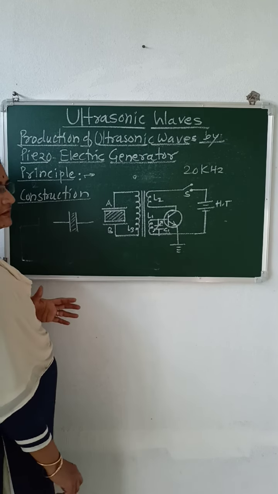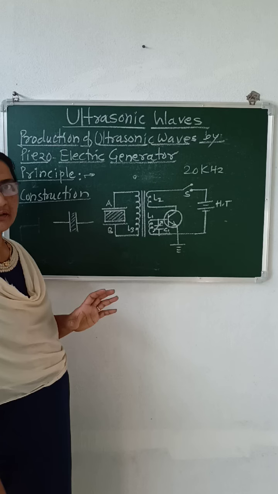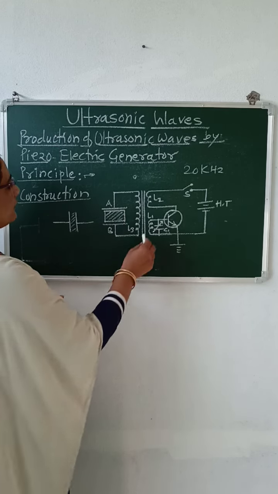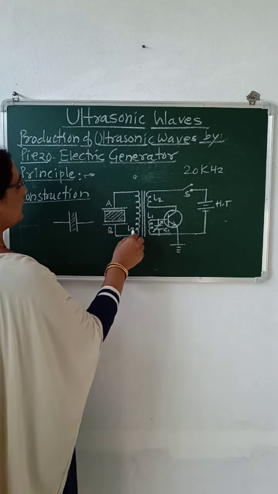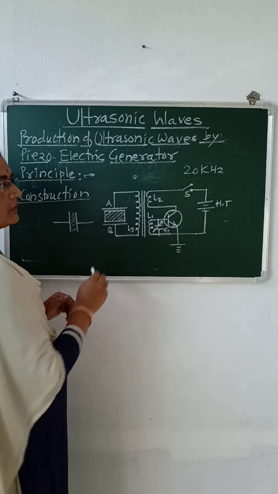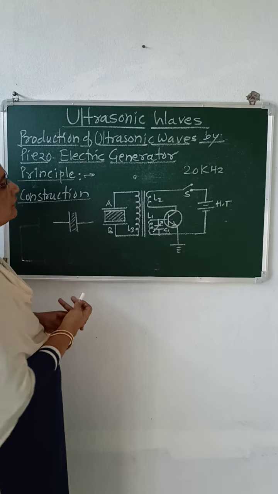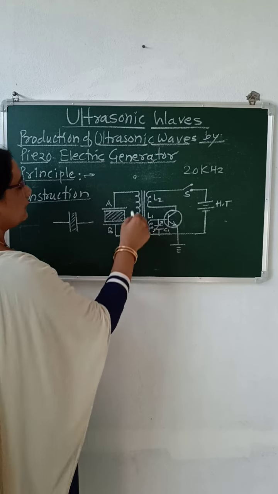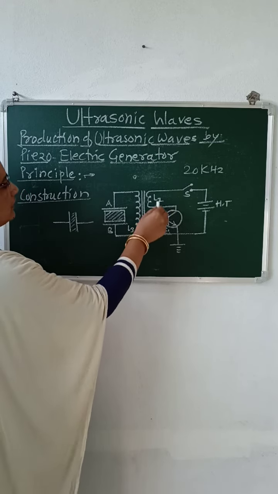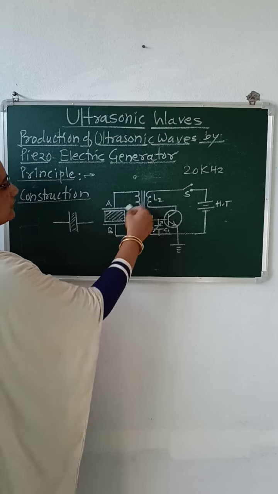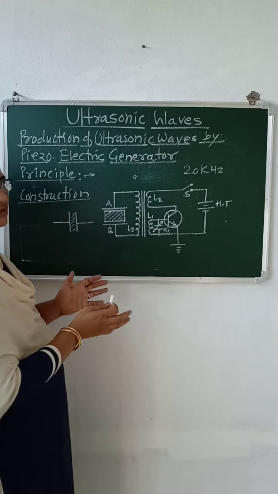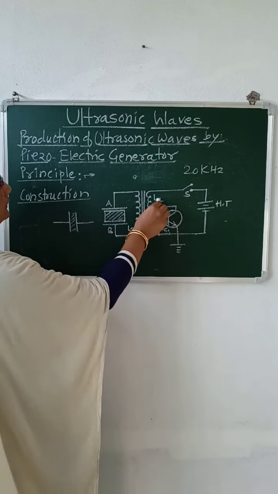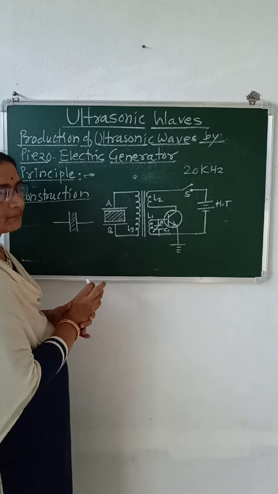Then here we consider the coupled coils, that is L1, L2 and L3. Here L1, L2, L3 are the induced coils or coupled coils. These are called coupled coils because they are coupled.